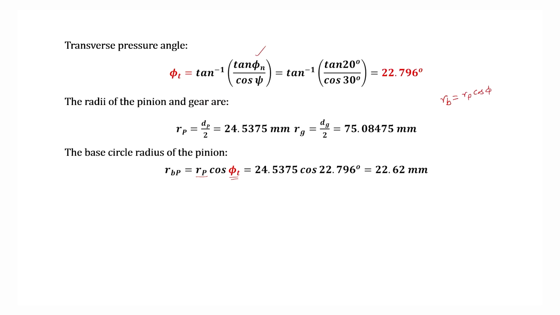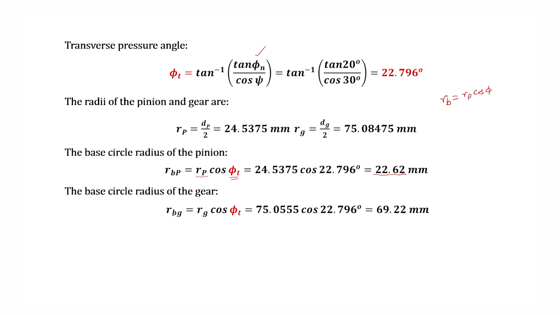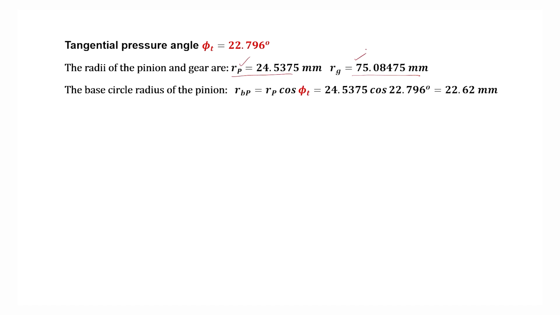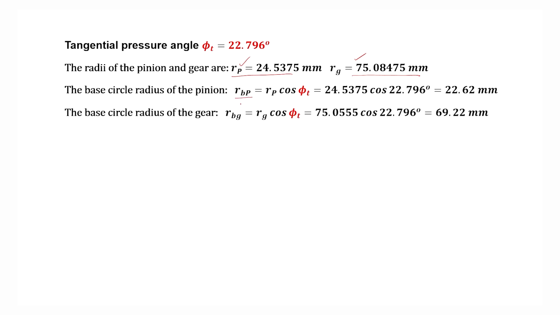So, base circle radius of the pinion is 22.62 and base circle radius of the gear is equal to 69.22. We know that base circle is the circle from where involute tooth profile is generated. Then the tangential pressure angle obtained is 22.796 degree, and the pitch circle radiuses are given by this and this. For the case of pinion and gear, we have just obtained it. Similarly, the base circle radiuses are this one and this one.